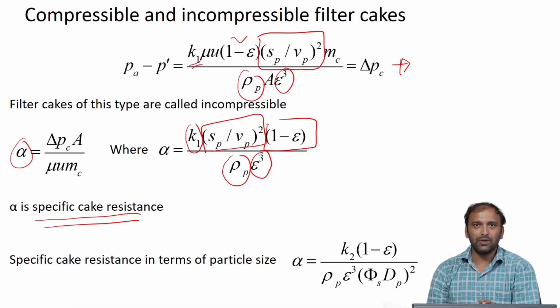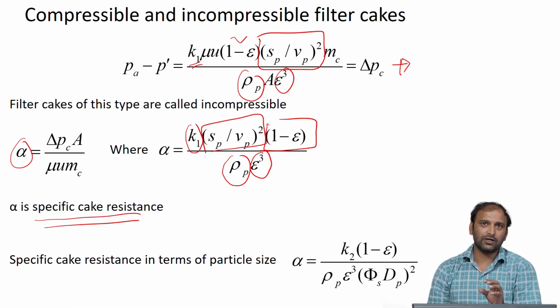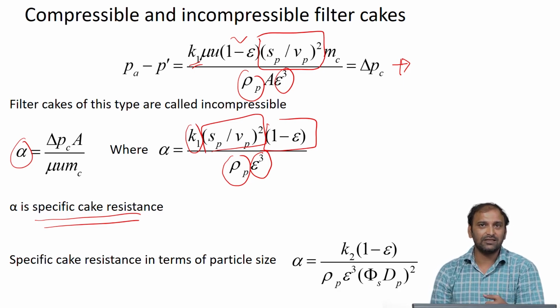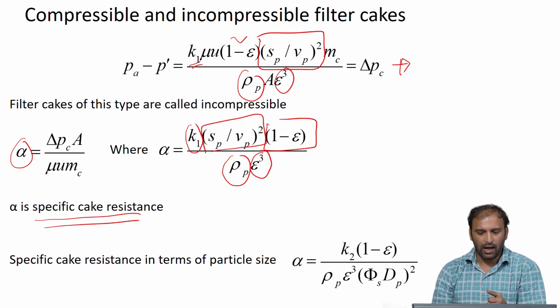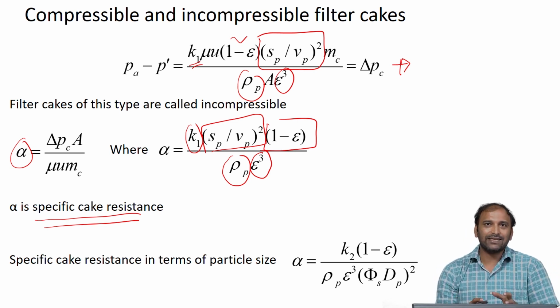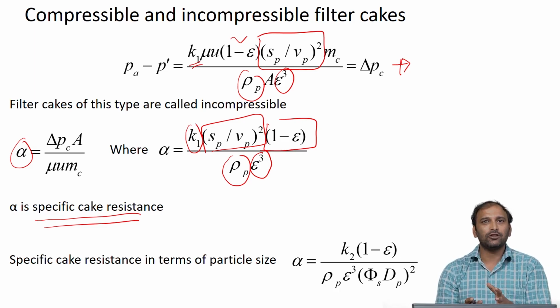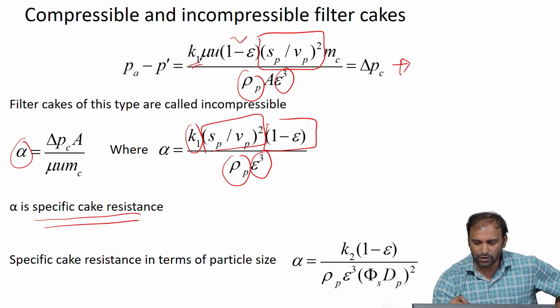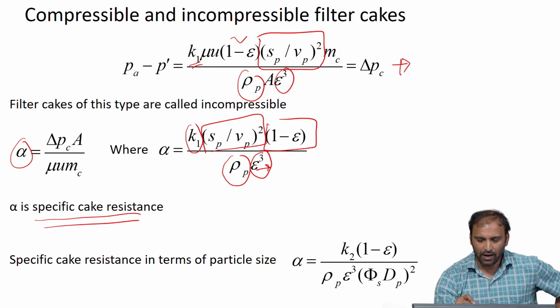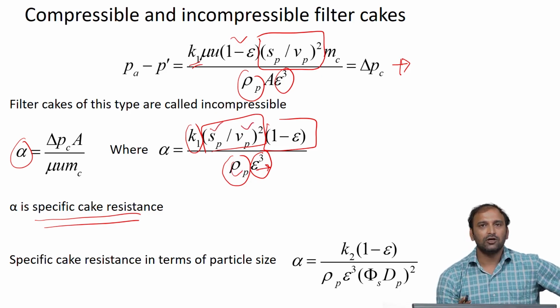These are all parameters specific to the kind of particles present in the slurry, properties that depend on the packed bed. Epsilon is the porosity of the bed, and Sp, Vp and rho p are properties of the particles.